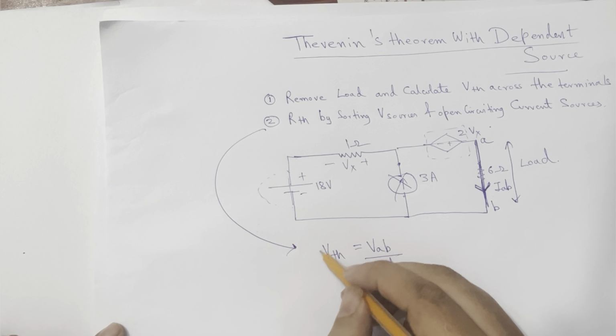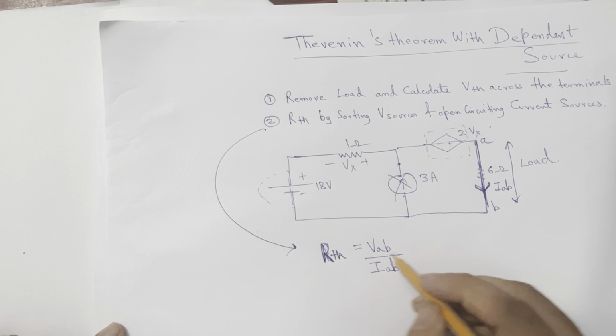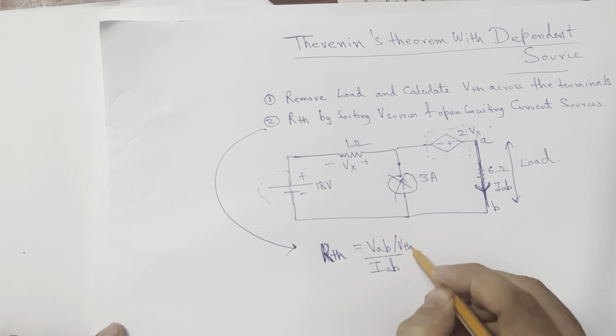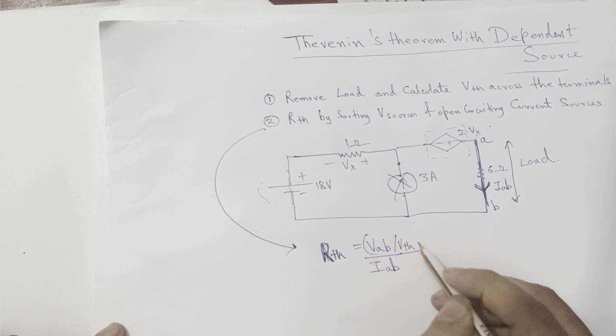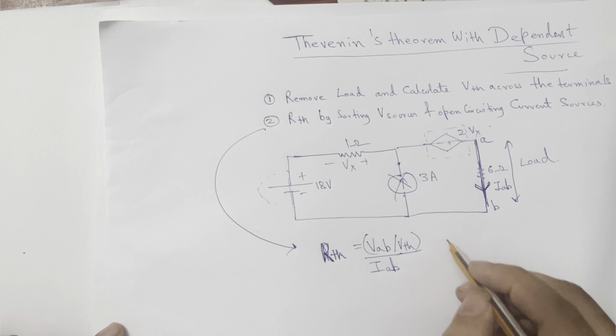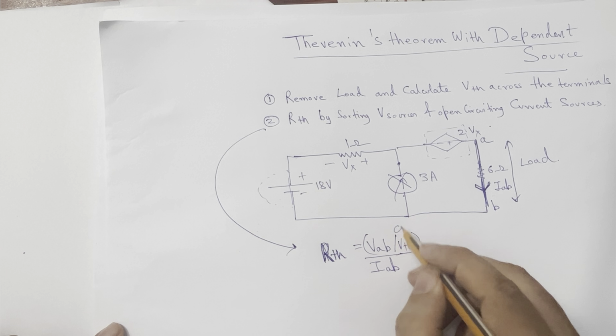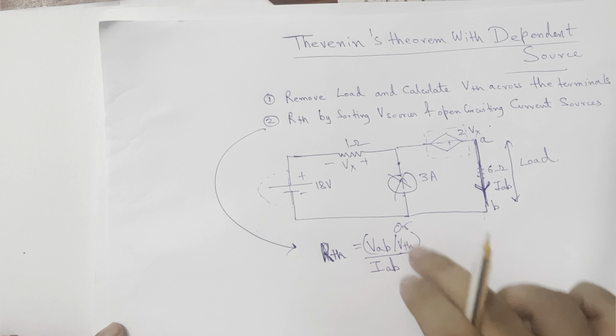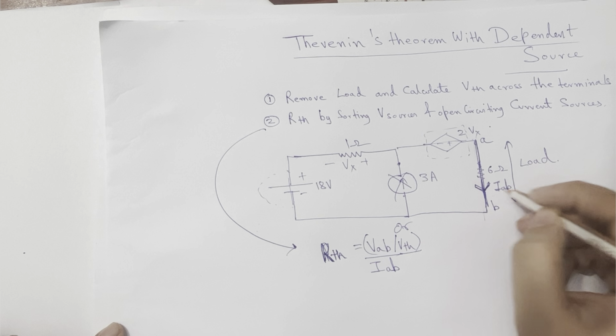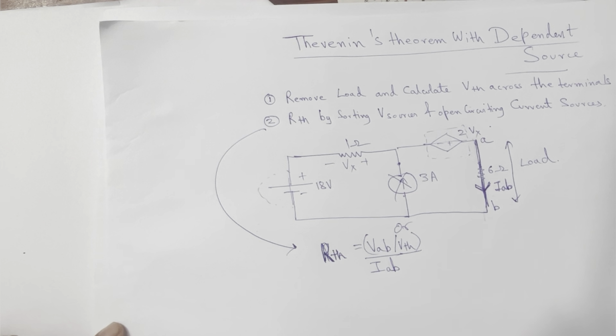So RTH will be VAB, which is the same as the Thevenin voltage, divided by IAB, the current which we will find using mesh analysis.